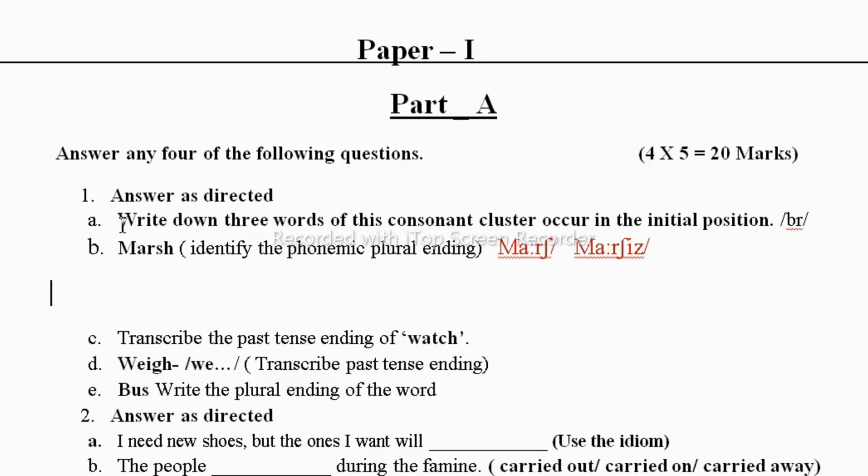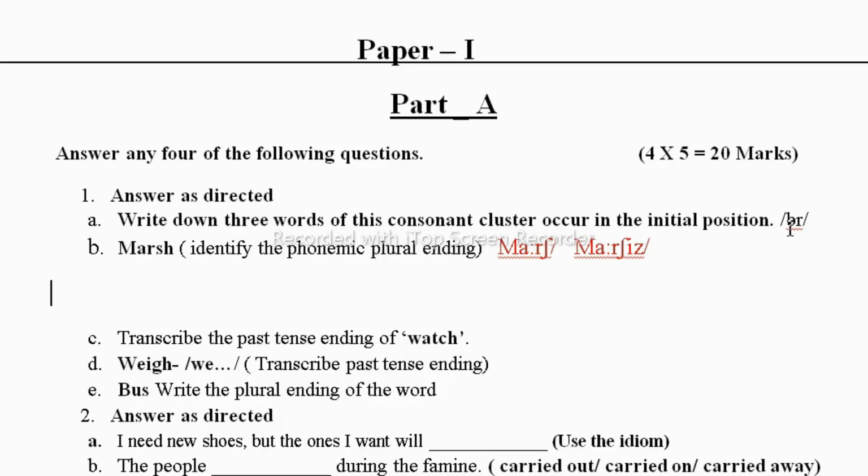Now the first question is answer as directed. Here, write down 3 words of the consonant cluster occurring in the initial position. I have already uploaded the videos on consonant clusters. There are 2 videos, what are consonant clusters and how many types of consonant clusters, and one more video that you have in your textbook exercises. So you can watch those videos.